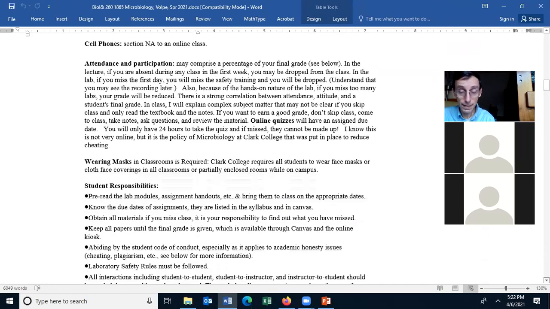Attendance and participation. I'm not really going to take attendance because it's an online class. Please note that the quizzes are also online. There are two types of quizzes. I should have shown you that when we were in the web page. There will be a multiple choice quiz, and for that quiz you have to use the lockdown browser and it will be timed.